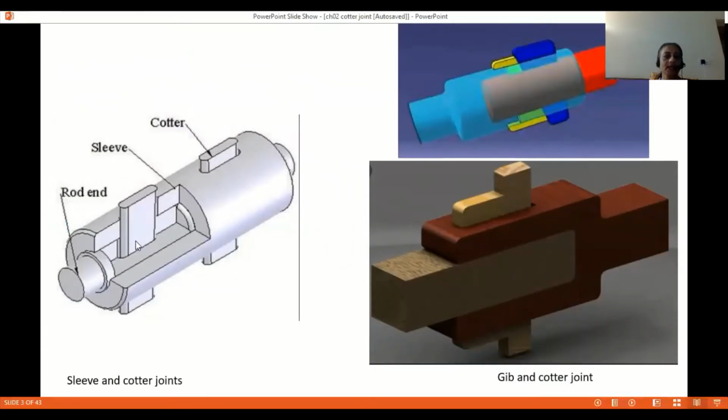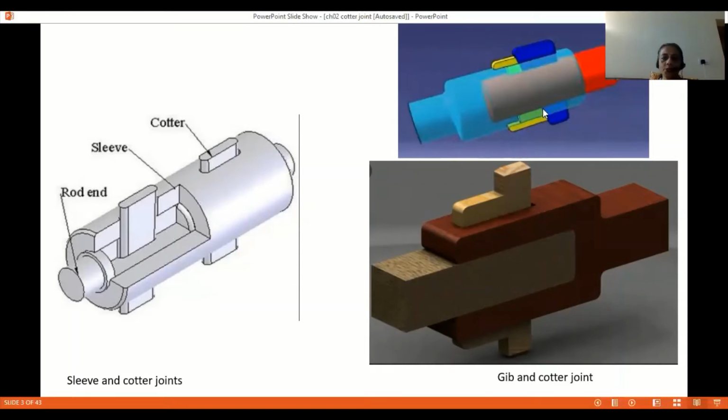Here we can see a sleeve and quarter joint. There are two quarters. This is one rod end, this is another rod end, and this is a sleeve or muff which is used to connect the two rods. These two are examples of gib and quarter joint.